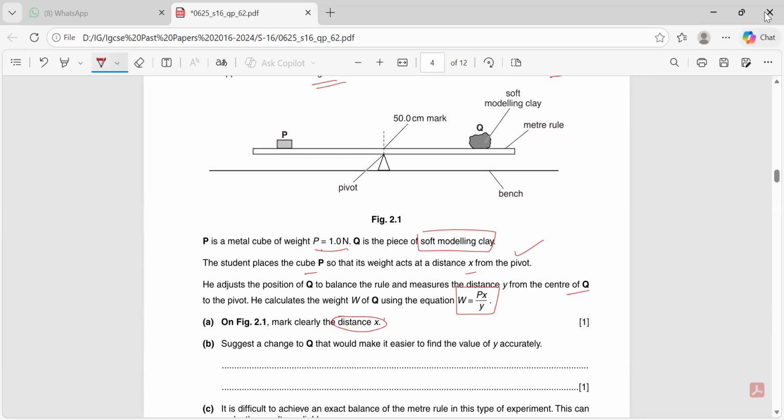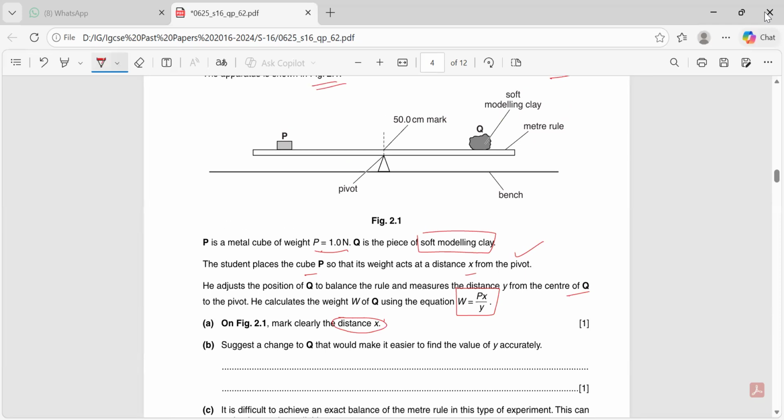What is distance x? It was mentioned the student places cube P so that its weight acts at a distance x from the pivot. From here, first of all, it is strongly recommended you should mark the center of this weight.